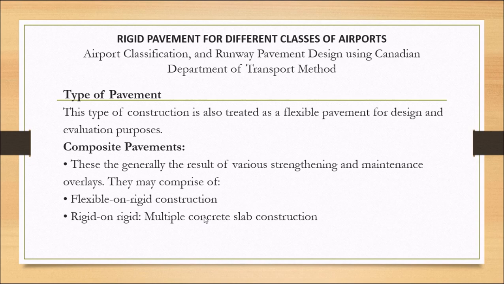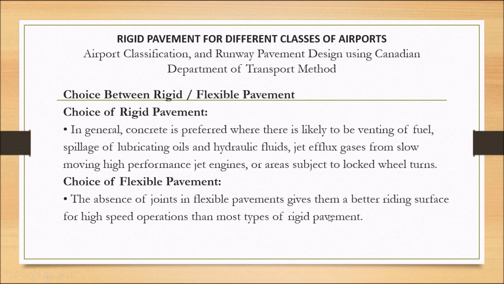So it is either after constructing a flexible pavement, we now have an overlay of another flexible, or we construct rigid and have an overlay of a flexible, or we have rigid and an overlay of another rigid, which is multiple slab construction.